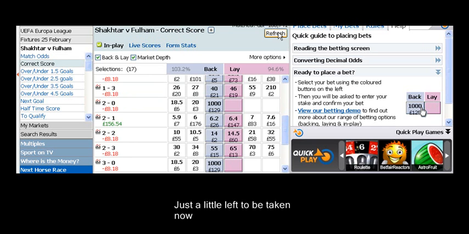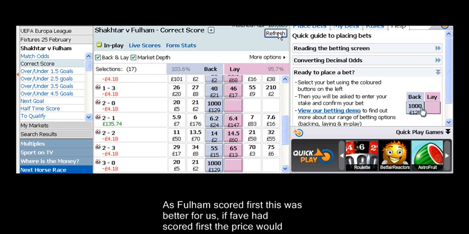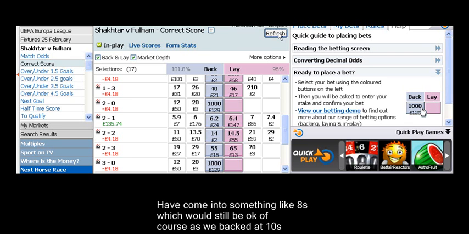So by putting around 25-30% cover on the under 1.5 goal, you've got a little bit of insurance there if the game is 0-0 at half time. But you're looking for games where you've got a strongish home favourite, the price is 10s, and whoever gets the first goal, the price on the 2-1 will come in.